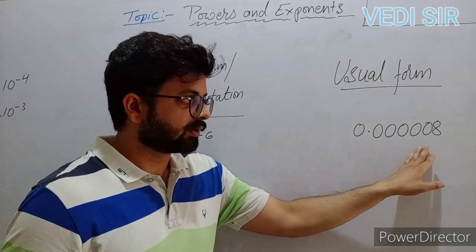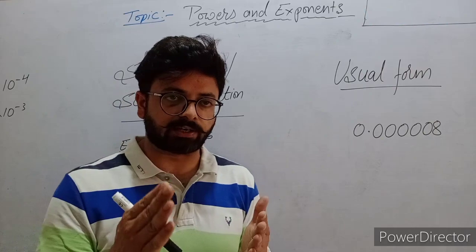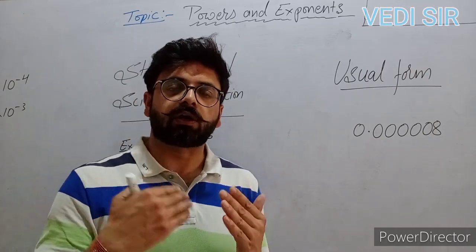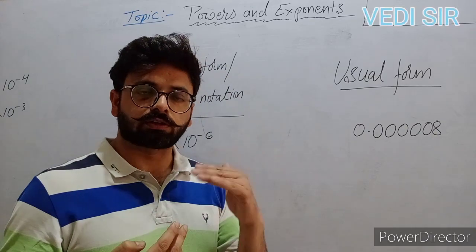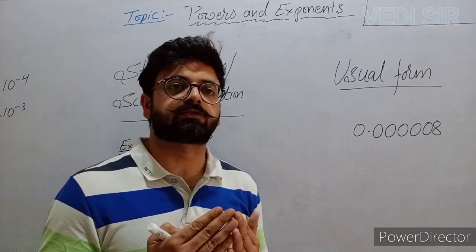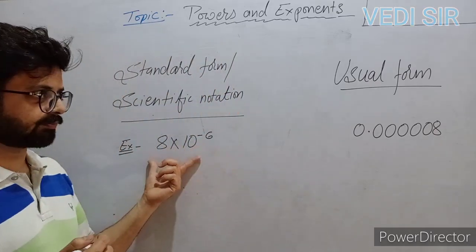This form is the usual form. Whenever you are writing in science mostly, and in SST also, the distance from earth to sun, earth to moon, the size of nanoparticles, the size of an electron, always you are writing in the standard form only.